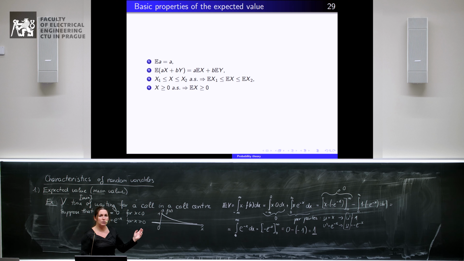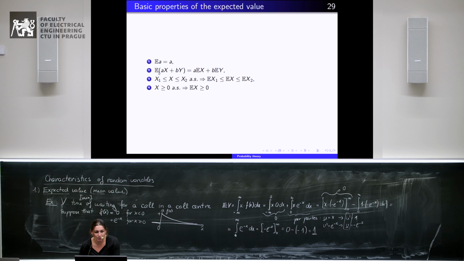So when we throw the die, we always get 6. What is the average in this case? 6, of course. So when our random number is not random, it is just one number, then its expected value is equal to this number, of course.